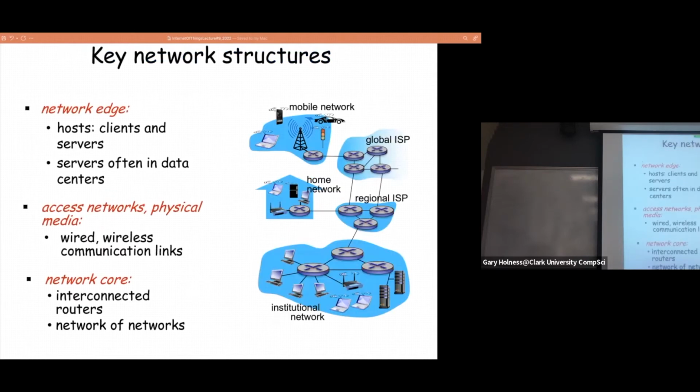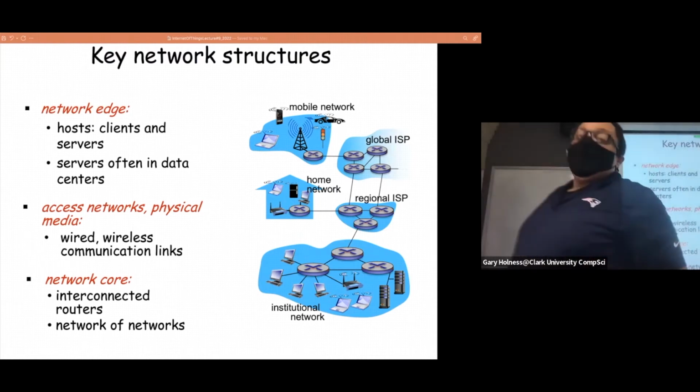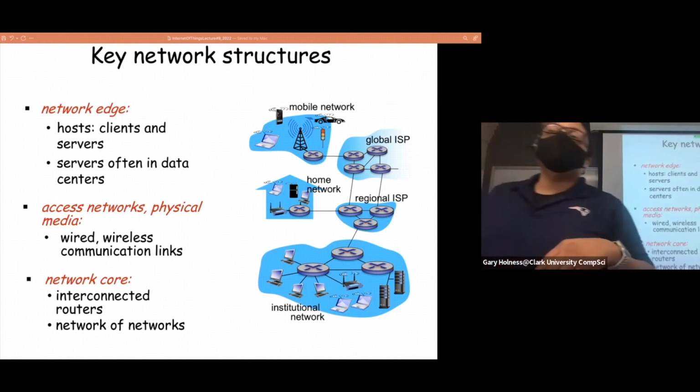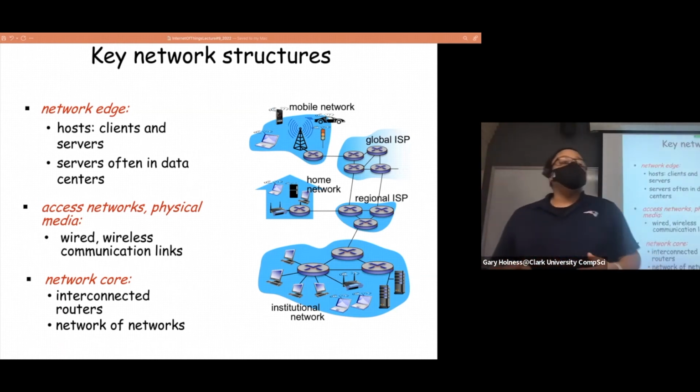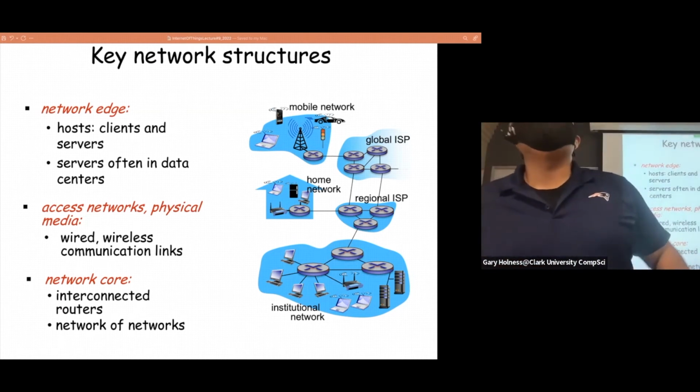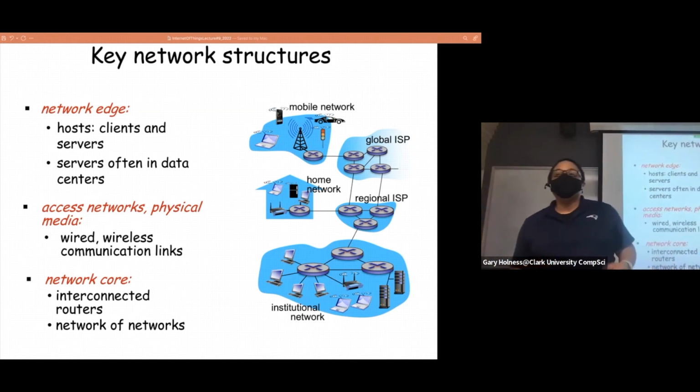And so there are some key structures and components in a network to be aware of. Oftentimes, when you refer to the devices that you interact with on a network, that's called the network edge, or the end systems, or the hosts.